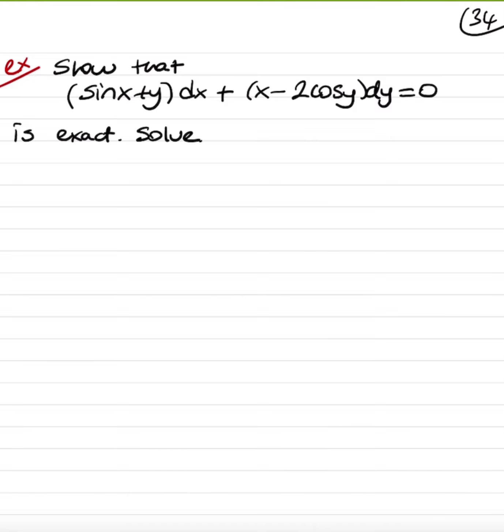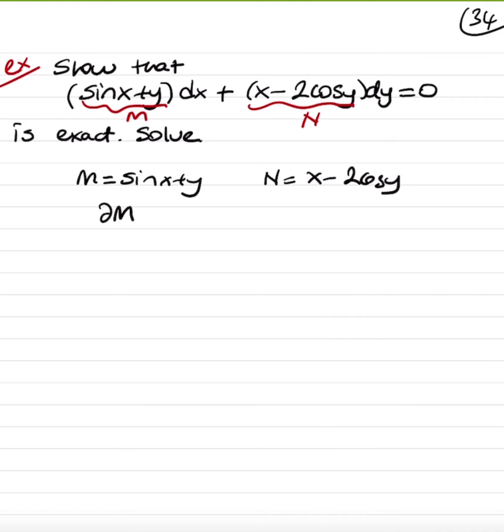Okay, now how do we show that it is exact? So we check. This is M, and this is N. So M is equal to sin x + y, and N is equal to x - 2 cosine y. We take the derivative of M, the coefficient of dx, with respect to y, which is equal to 1.